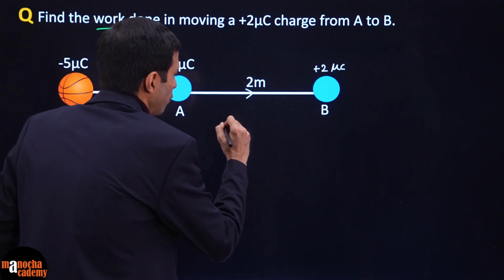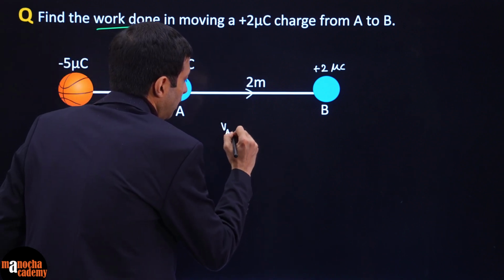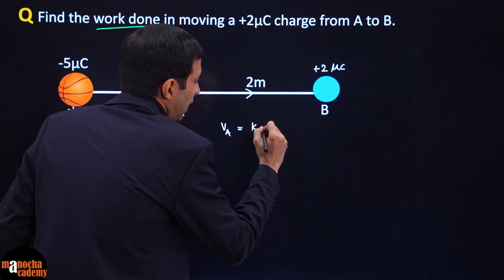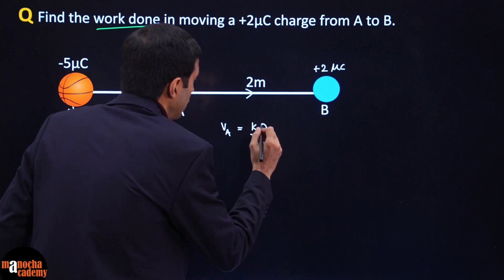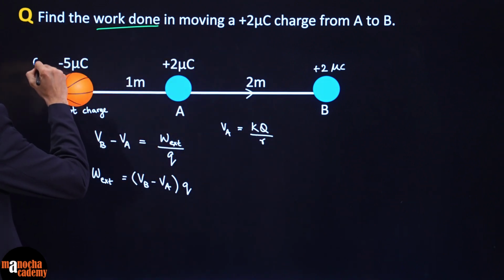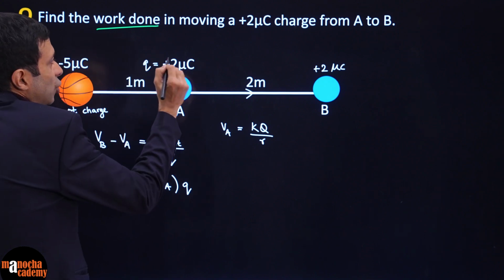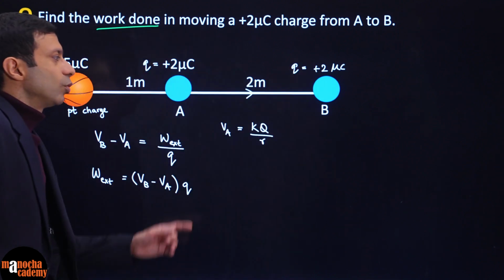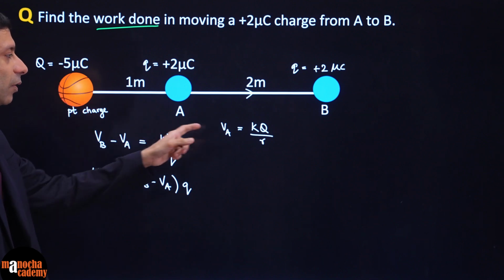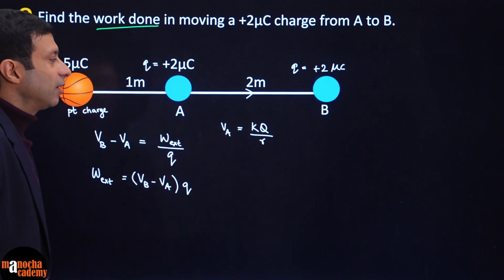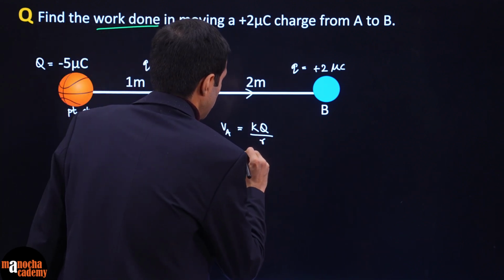So let's find out first VA. VA is going to be kq by r. So capital Q is our point charge here, and this is our test charge that we are moving, small q. So VA depends on this capital Q, which is going to be kQ by r, and let's substitute the values.